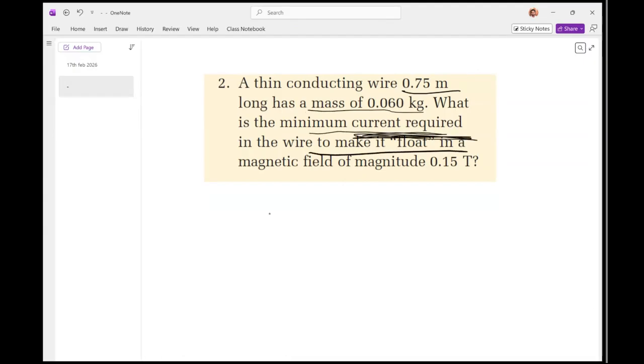So I will put this formula as, again, Fm equal to Fg, which is a negative. Fg always acts in the downward direction, plus Fm, the magnetic force. I will use ILB sine theta.